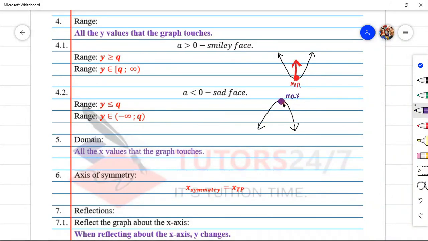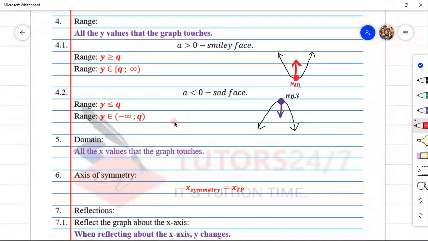So if we have a sad face graph, our range is going to start from our highest point, our maximum point, and go downwards because our graph is extending downwards. So that's why we have our range as y less than or equal to q, or an alternative notation is to have it as y an element of negative infinity until q.